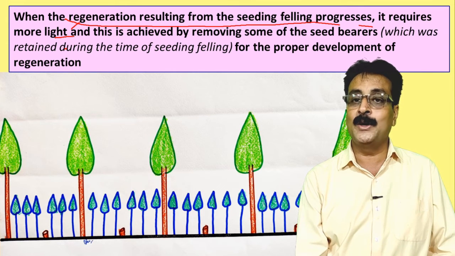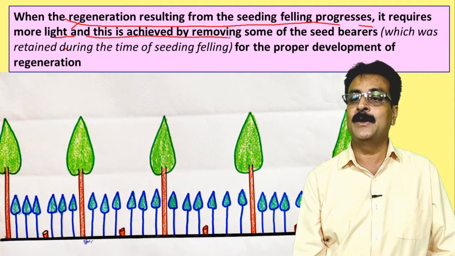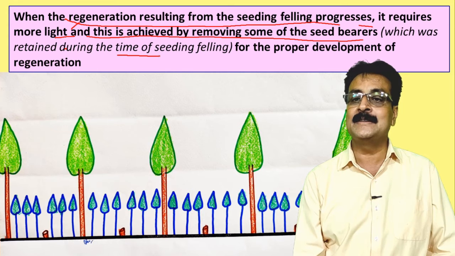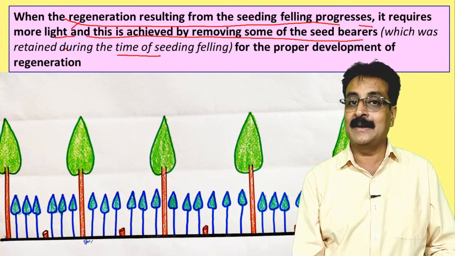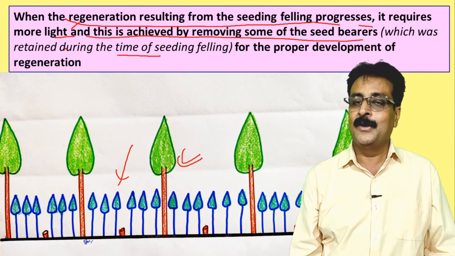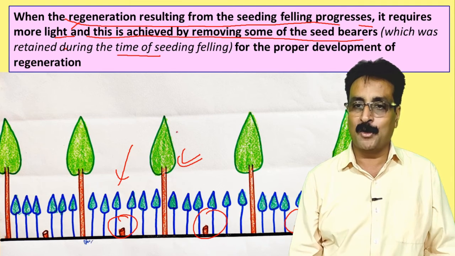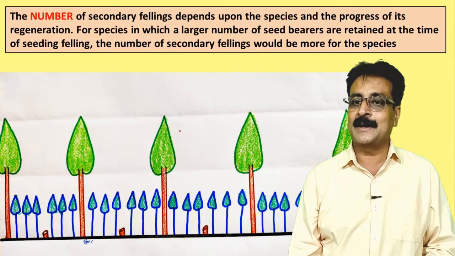As it grows, it requires more food, more light. So this is achieved by removing some of the seed bearers which were retained in seeding felling. In seeding felling, sometimes we retain more number, as in Abies pindrow. So in secondary felling, we'll remove those also for the proper development of seedlings. So here we are removing the larger number of seed bearers, or overwood or shelterwood, in secondary felling.